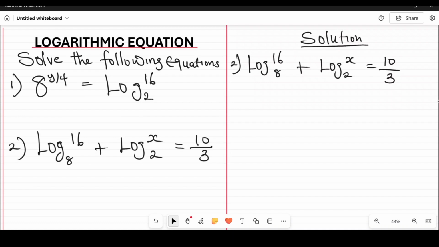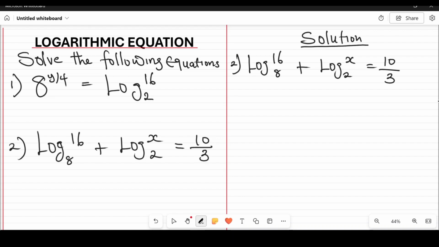Now our number 2 question says log 16 to base 8 plus log x to base 2 equals 10 divided by 3. At this point, we have to do one thing first, and that is we have to express log 16 to base 8 in a convenient base so that we can simplify.